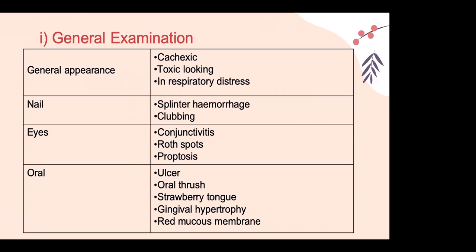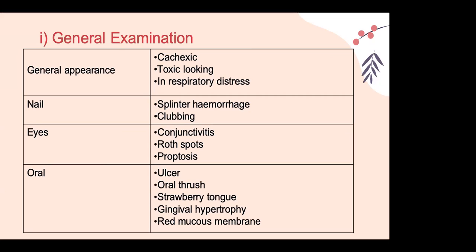First we start with general appearance. We look at whether the patient is sick-looking, to indicate TB or malignancy, and then toxic looking due to sepsis, and in respiratory distress due to respiratory infection.